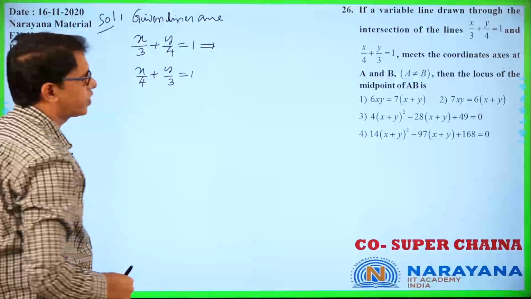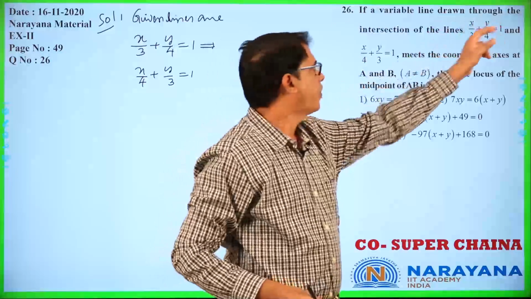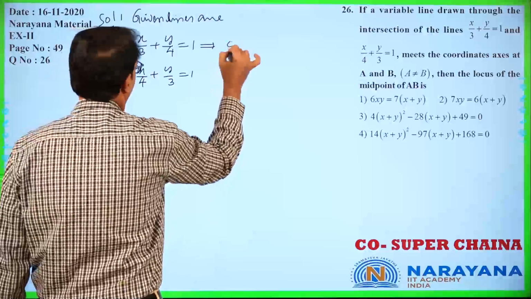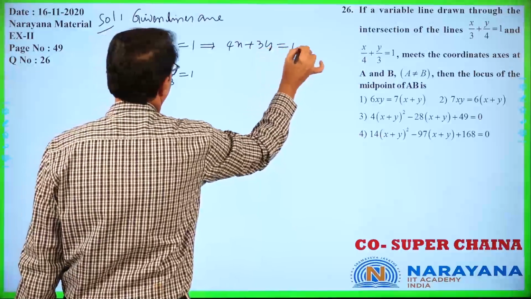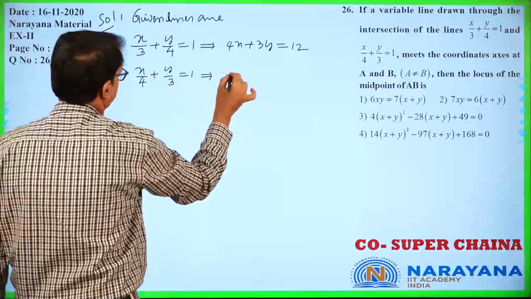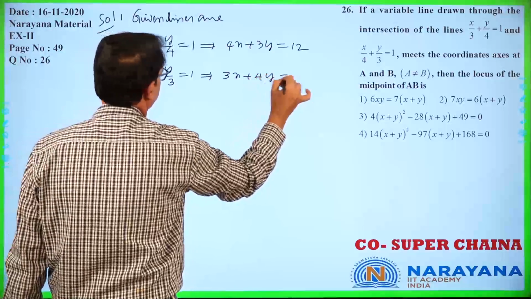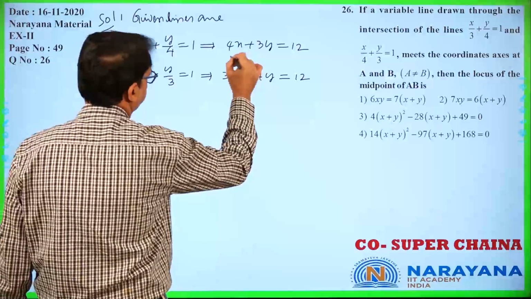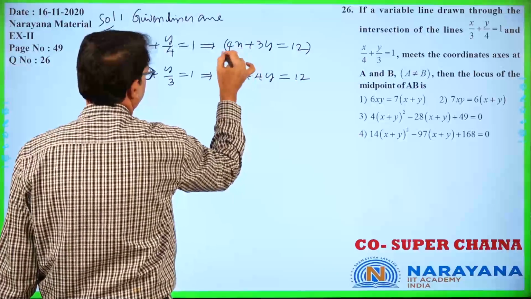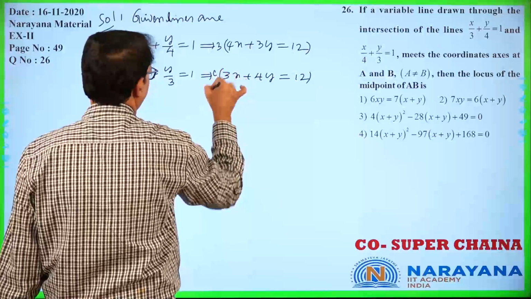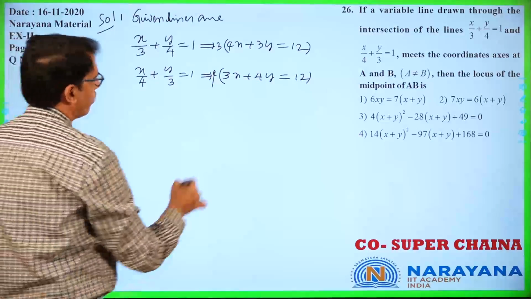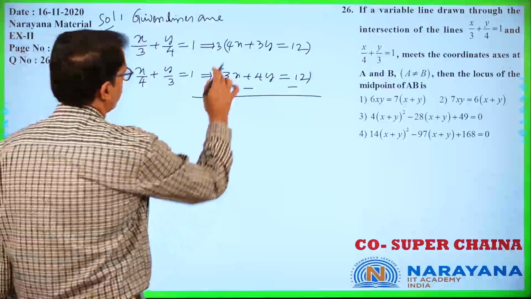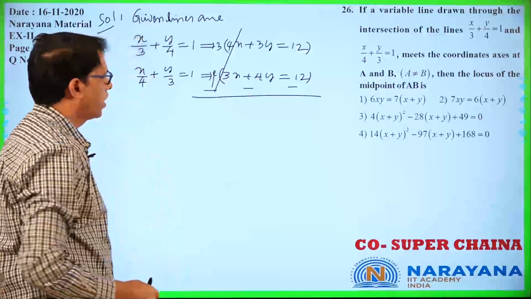We have to find the point of intersection, no? The variable line is passing through the point of intersection. So solving these two, it is 4x plus 3y equals 12, and this will be 3x plus 4y equals 12. Okay. So here multiply by 3, here multiply by 4. Change the sign. So here x cancels out.